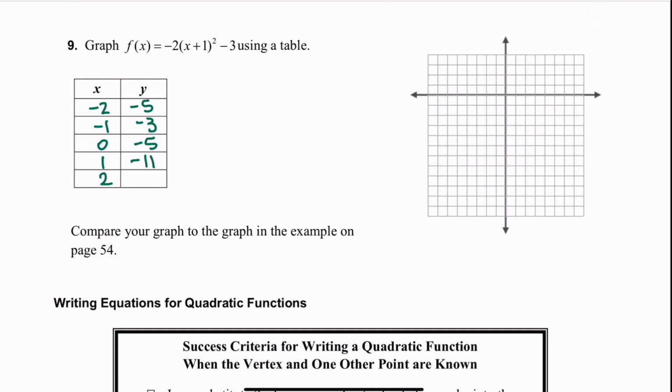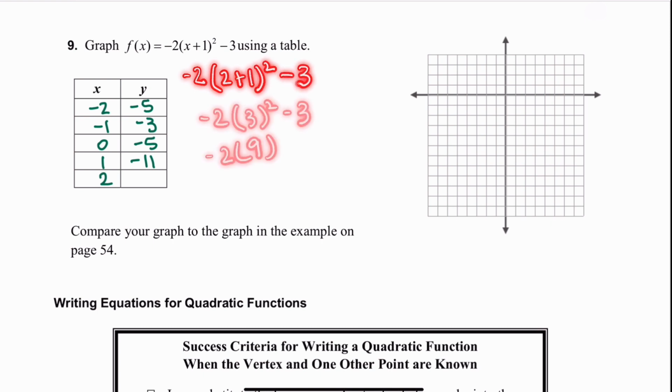Okay, now this last one, I'm going to take my 2 and plug it in. I have (2 plus 1) squared, -2 times 9 is -18, minus 3 is -21.